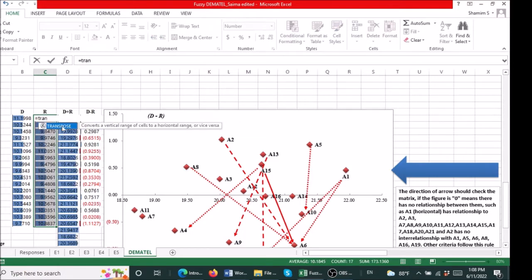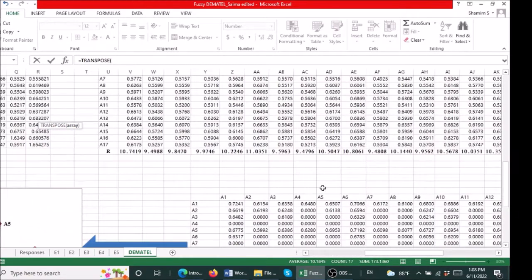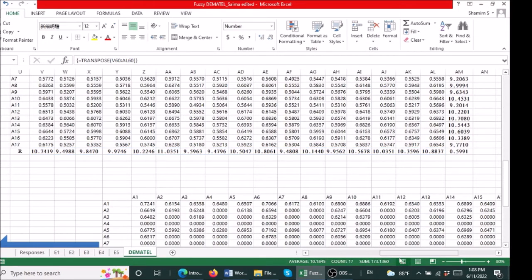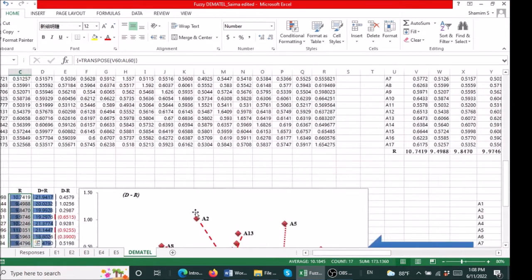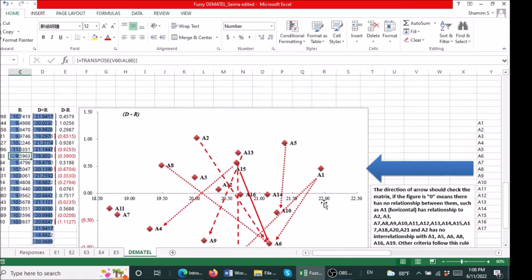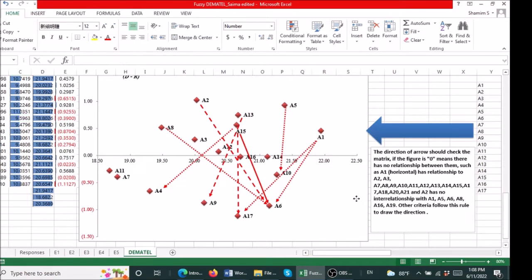Okay, double click and then select this range, close, Control Shift Enter. Okay, Control Shift Enter, then it will work. So D plus R, D minus R, and then you get the figure.